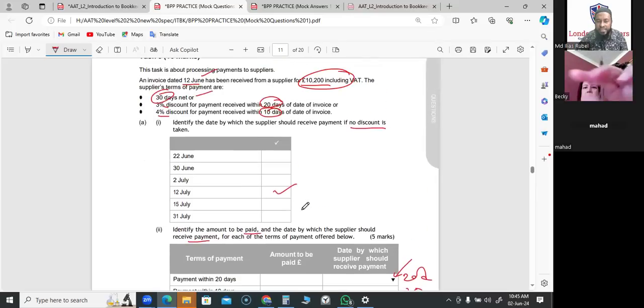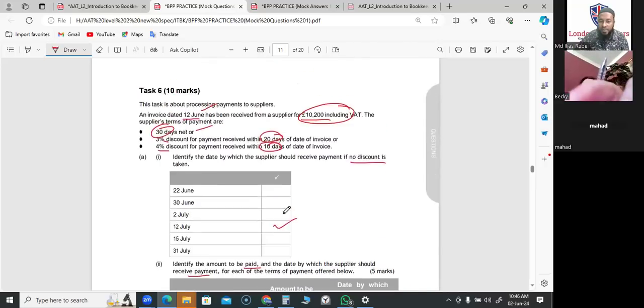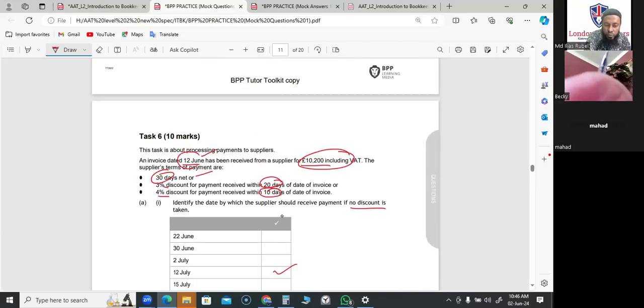Date, 20 days from 12 June: 12 to 22nd, and 32nd. There is no 32nd, it should be 2 July. Yes, you see it from 12 June. If it is 10 days, it gets 22 June.